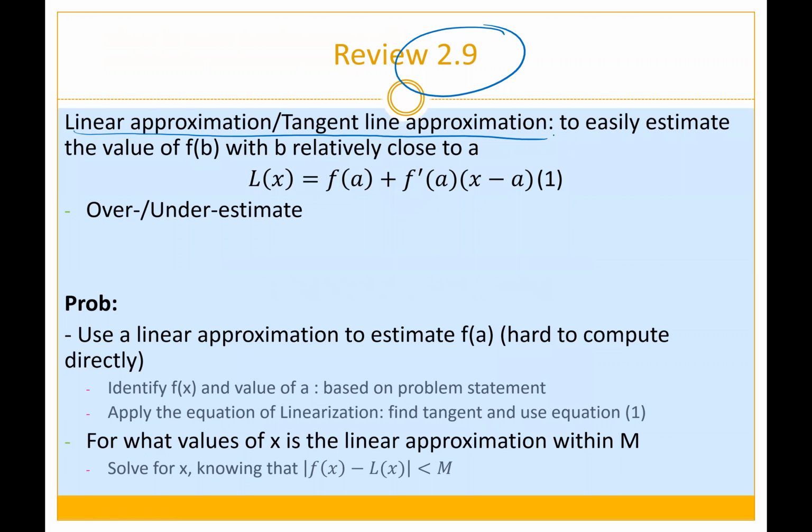The entire point of doing linear approximation is to allow us to find the approximate value of a function without using a calculator. Say we have a function like square root of x, and we want to find the value of square root of 1.01. If we don't have the calculator, there should still be a way that we can estimate this number on site.